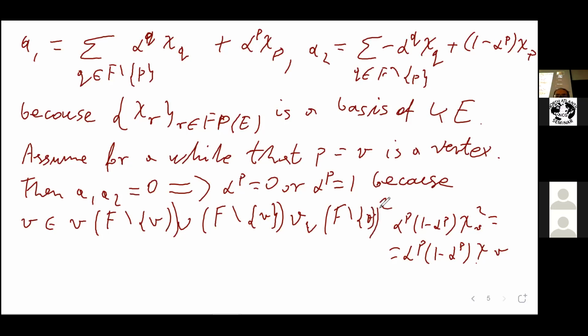When I multiply q's from the F minus V set, in order to get a vertex, I have to multiply vertices, and the only way to have chi v as a result of multiplication of two chi v primes is when chi v prime is equal to chi v, because they are mutually orthogonal idempotents. We always have to remember this is from path algebras. Chi v prime times chi v is delta v prime v chi v.